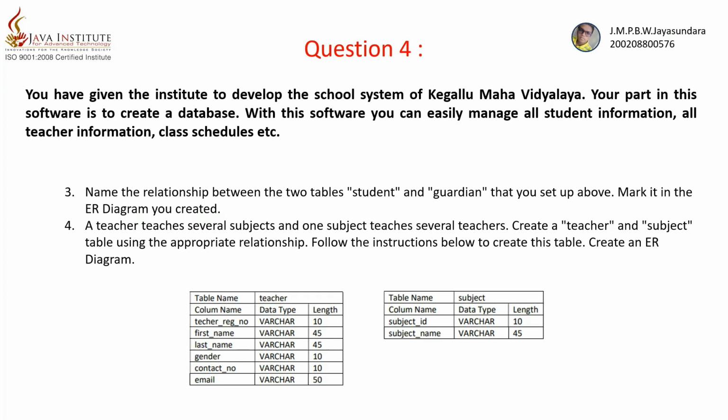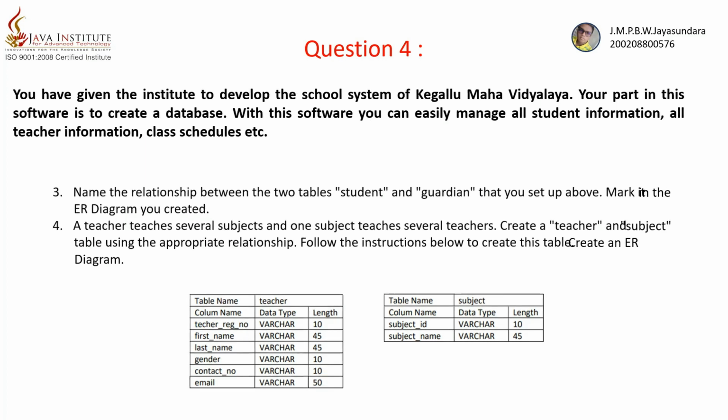Our fourth question is: a teacher teaches several subjects and one subject is taught by several teachers. Create a teacher and subject table using the appropriate relationship. Follow the instruction below to create this table. Create an ER diagram. Here we have our teacher table instructions and subject table instructions.